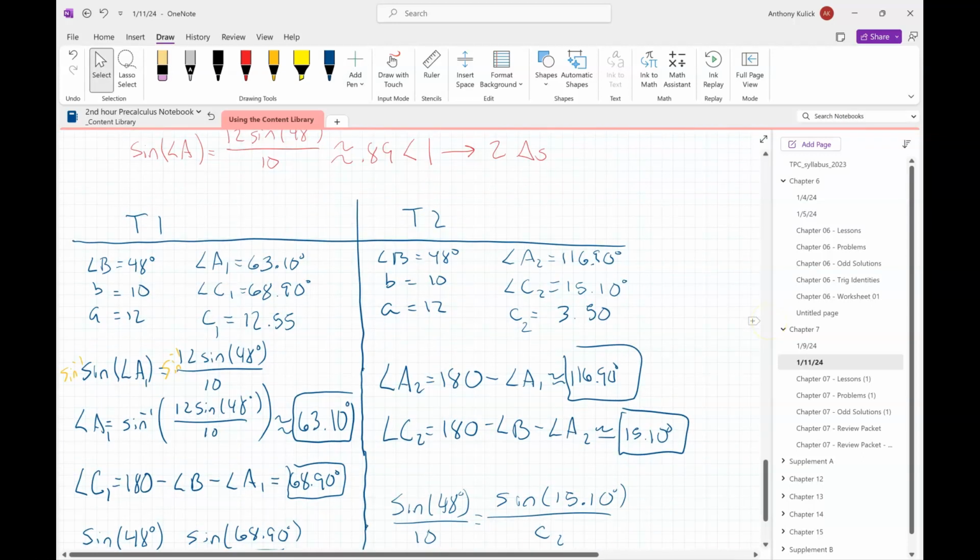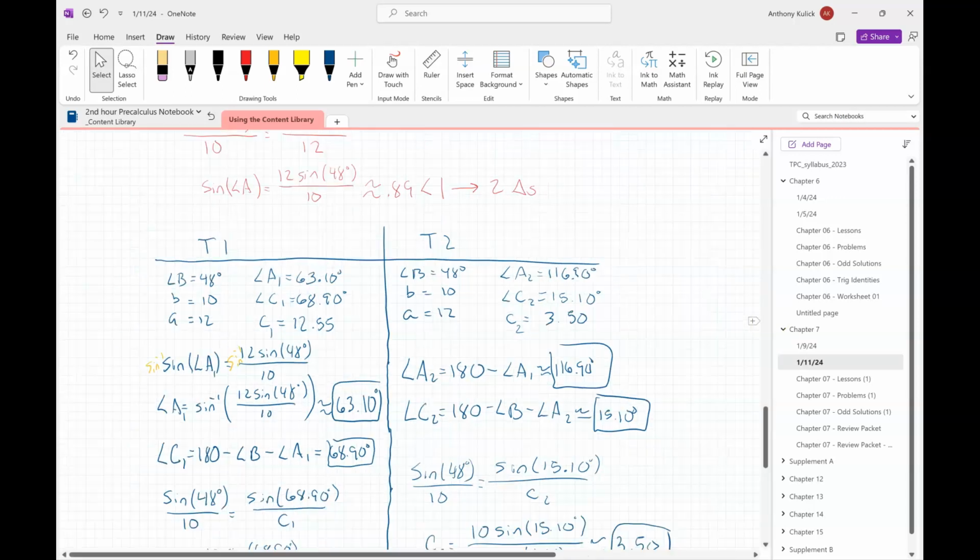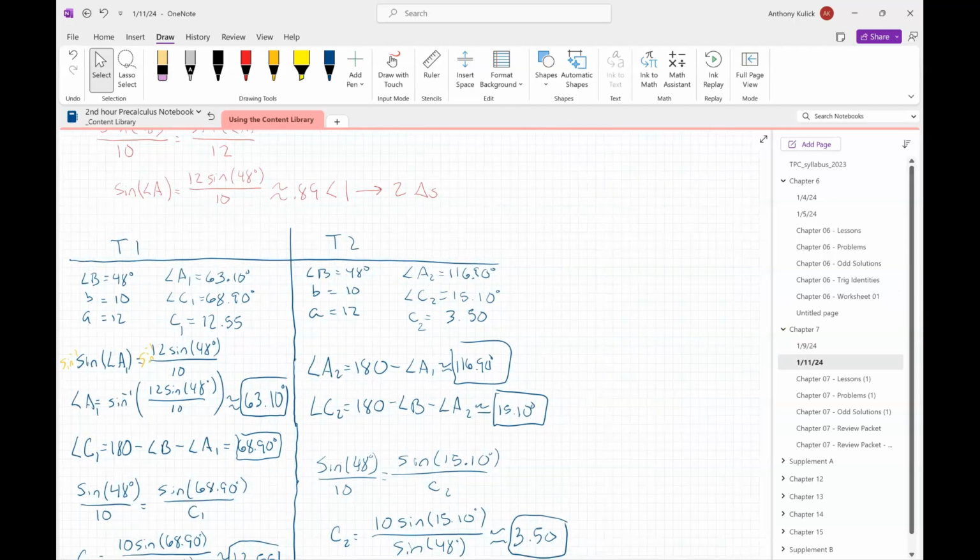Is everybody okay with what we did here? Let's do a quick little check on our ratios to make sure that this makes sense. So if I look in triangle 1, the smallest angle is angle B. The smallest side is side B. The medium angle is A1. The medium side is A. And the biggest angle is C1. The biggest side is C1. So triangle 1 makes sense.